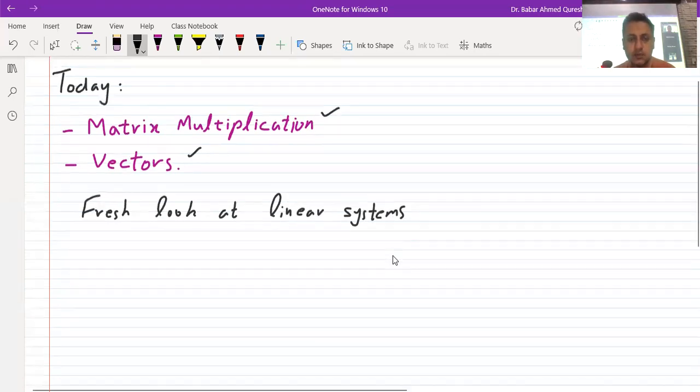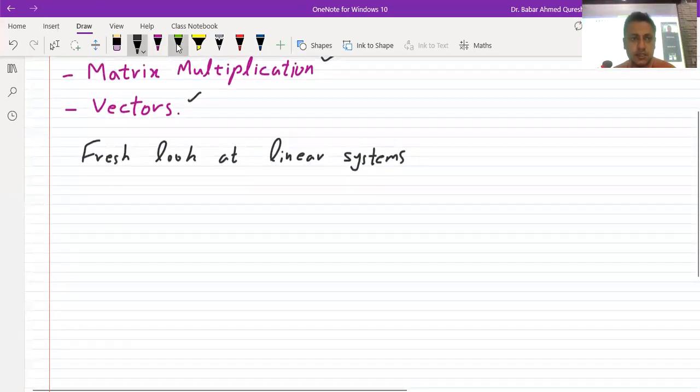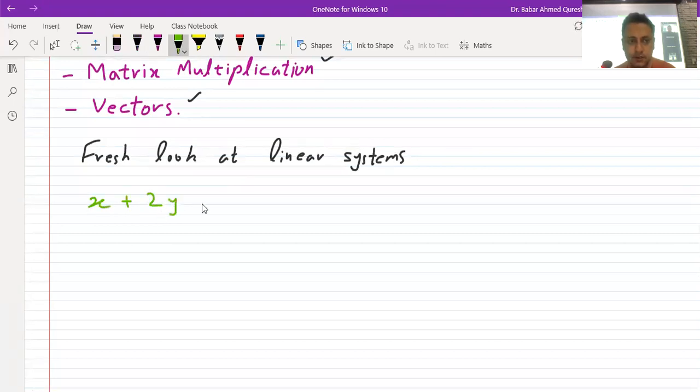So I'm going to again write an example system of equations. Three variables and three equations. It doesn't have to be any restriction. I'm just starting with this example.